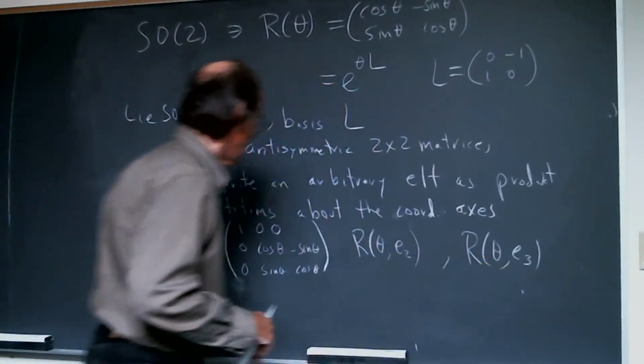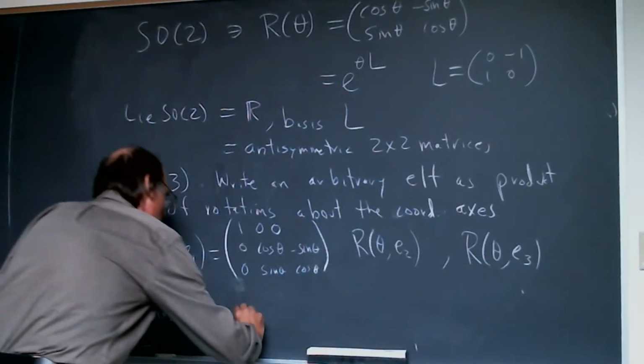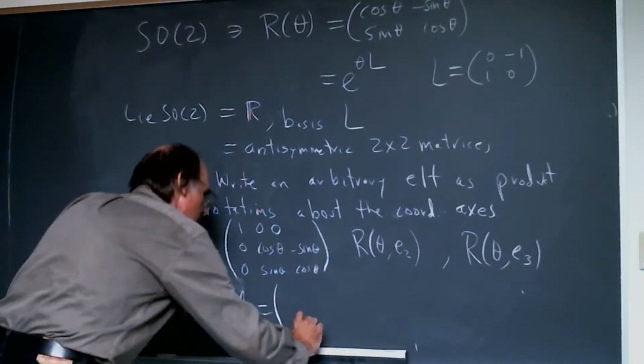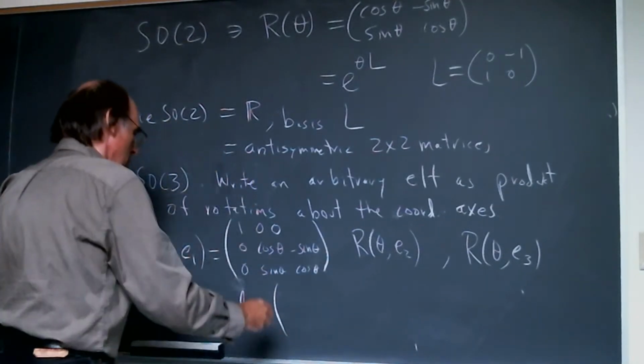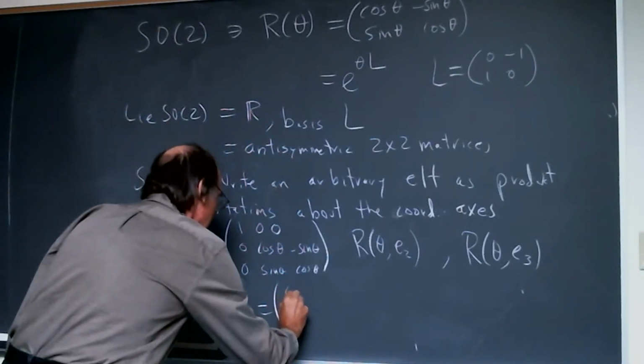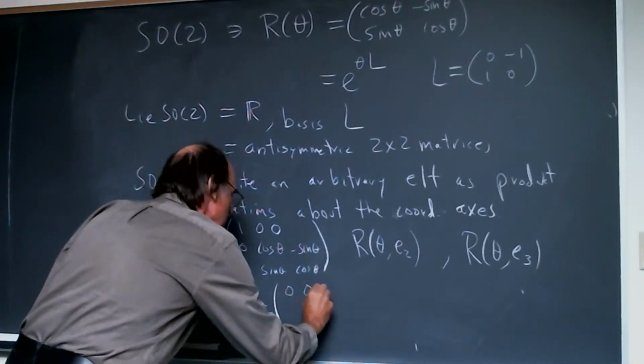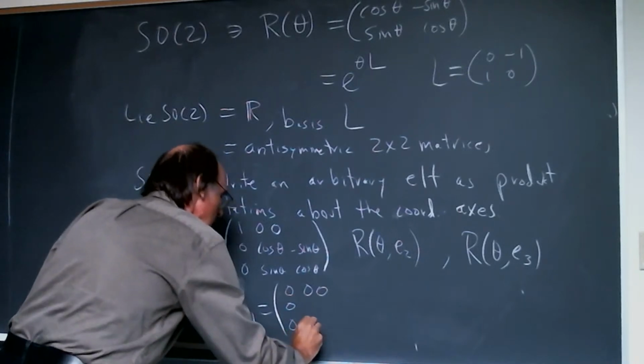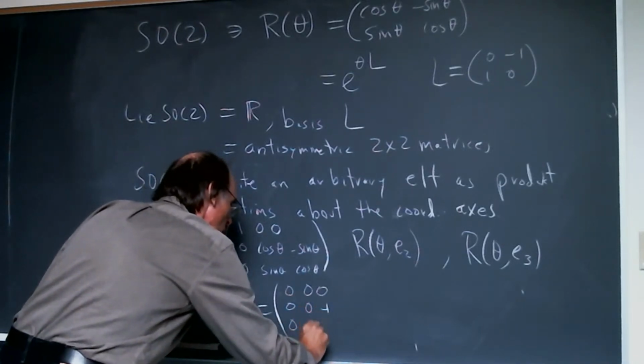I'll call it L1. It's going to be 0, 0, 0, 0, 0, and then 0, -1, 1, 0.